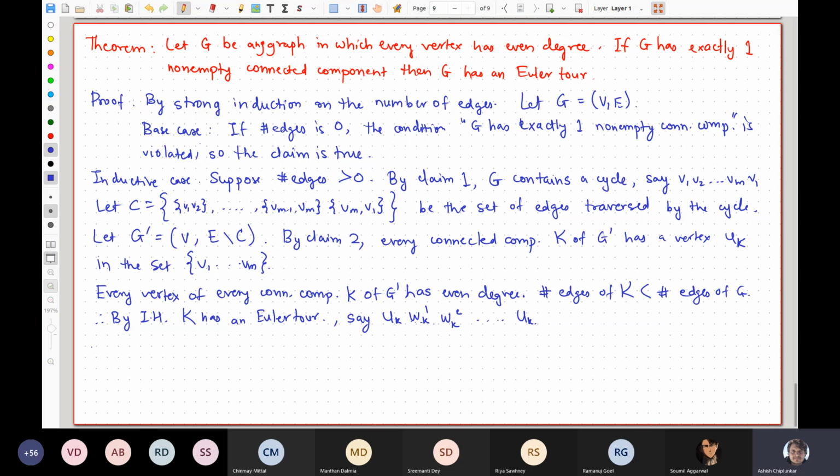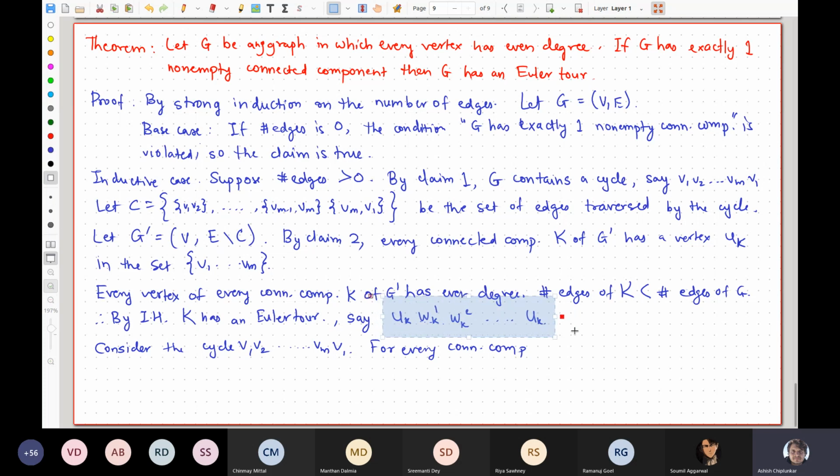Okay, so now what do we do? Consider the cycle V1, V2, up to Vm, V1, and for every connected component K of G prime, let's call this tour TK.